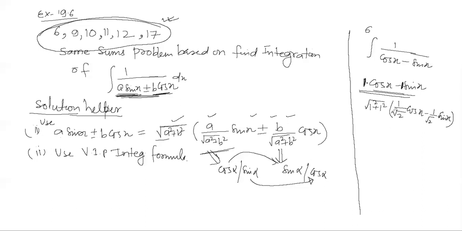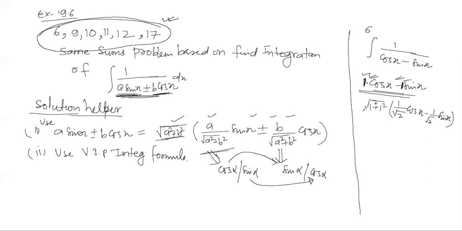What we just did is multiply and divide the numerator and denominator by root under a square plus b square, and we get the value of root under a square plus b square by taking the coefficients of cos and sin, and using them as a and b, whichever you want. If suppose this one is a, this will be b.